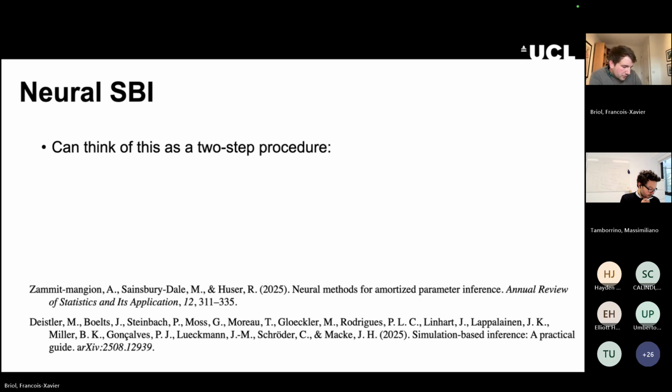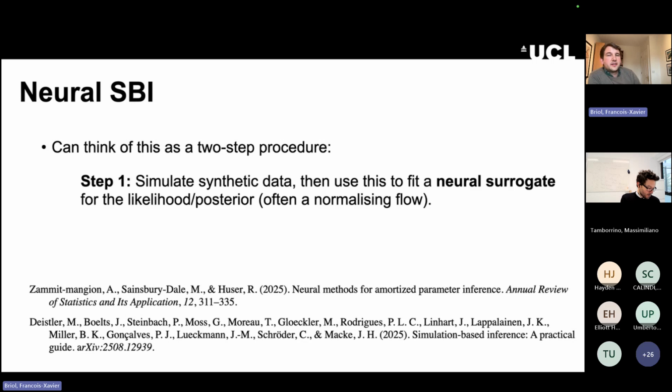The way I think about NeuralSBI is really as a two-step procedure. Step one is to use my simulator to create a surrogate of either my likelihood, my posterior, or maybe some other quantity of interest, which will be useful to get a handle on the posterior ultimately.